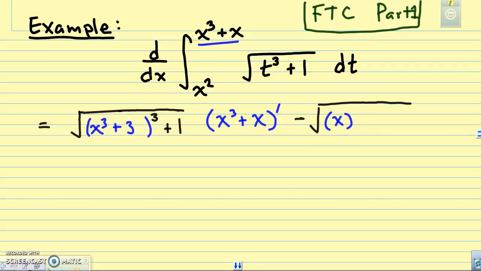So it's x squared cubed plus 1. And then I'm going to multiply it times the derivative of x squared.